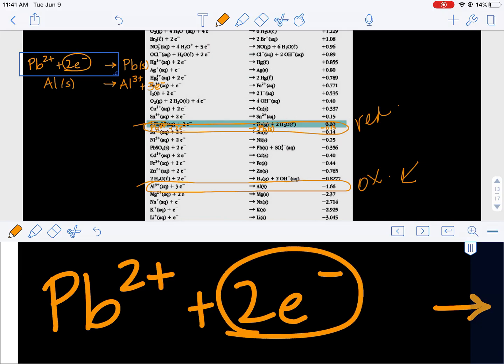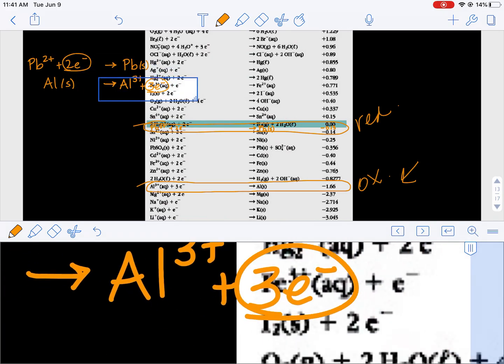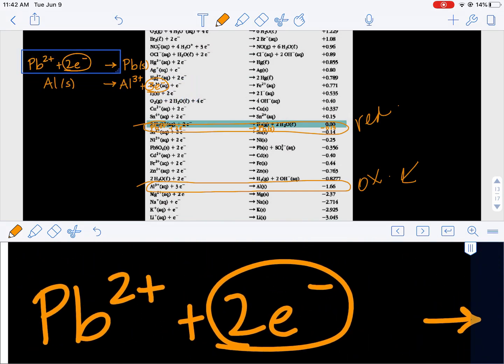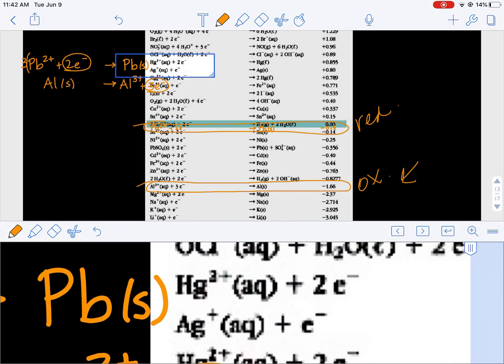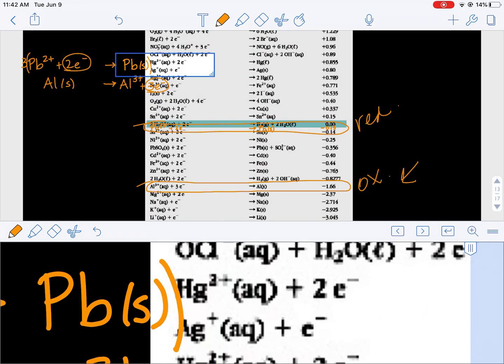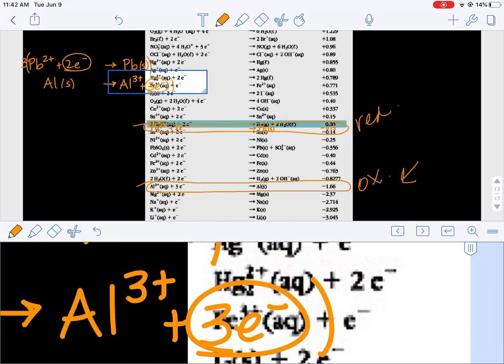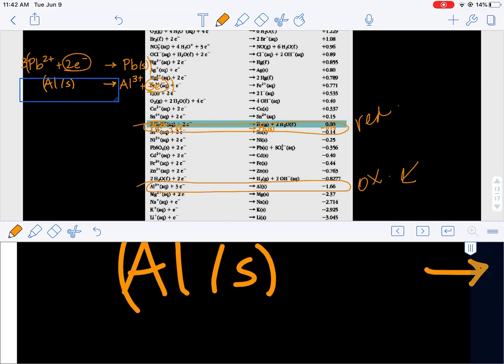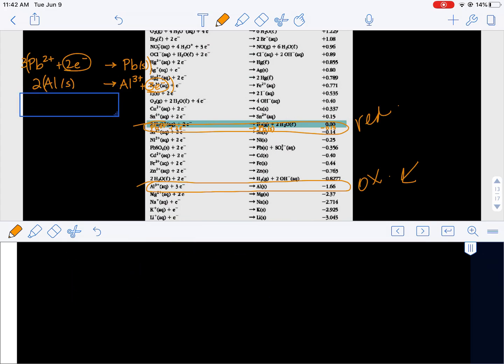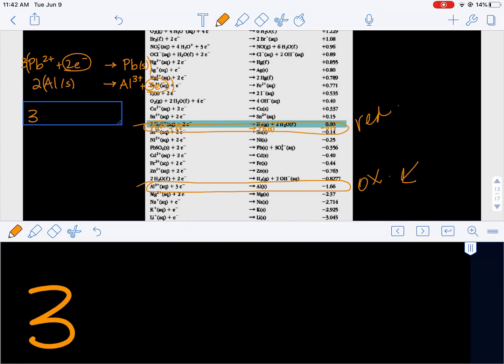However, perhaps at a glance you'll notice that the electrons gained and the electrons lost don't match each other. In nature they have to. Our electrons lost have to equal our electrons gained. The number they have in common is 6. So if I multiply the lead half reaction by 3 and the aluminum half reaction by 2, then I wind up having the same number of electrons lost and gained.